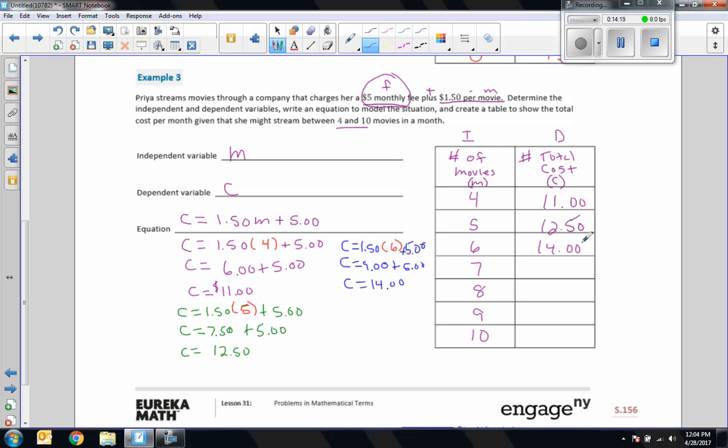Changing from $12.50 to $14 was an increase of another $1.50. So what we're doing, multiplication is repetitive addition. So $14 plus $1.50 is $15.50. Plus $1.50 is $17. Plus $1.50 is $18.50. And plus $1.50 is $20.